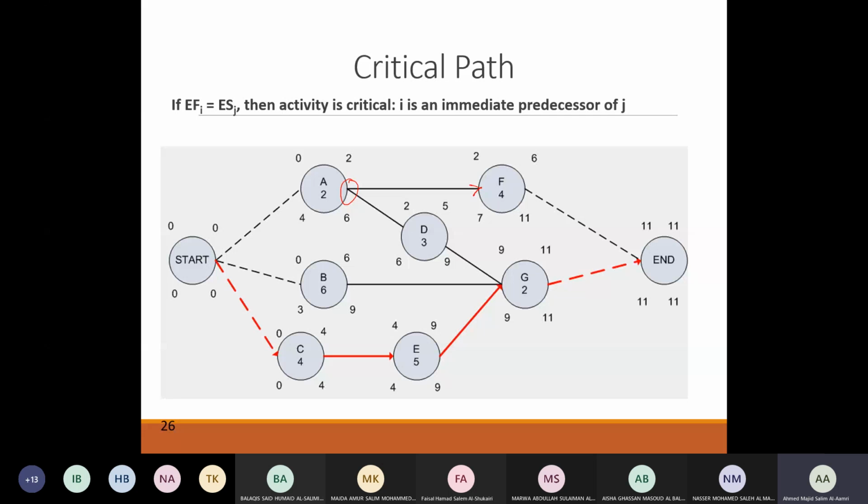What is the relationship between A and B? Is it finishing A to start B? I'm talking about the relationship now.